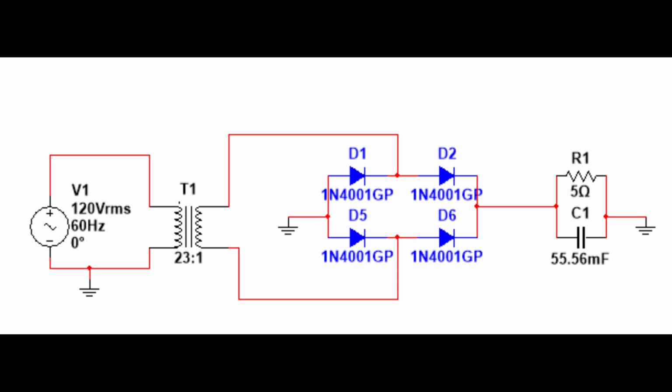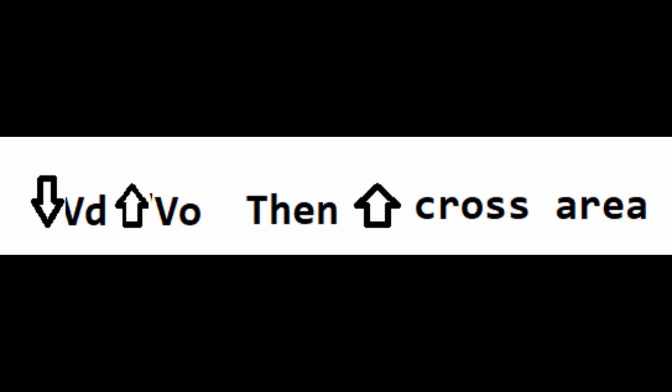In order for the computer simulation to be valid, the diode used in the simulation and in the actual circuit must match. For this example, to reduce the diode voltage and increase the peak output voltage, a diode with a much larger cross-sectional area should be used.